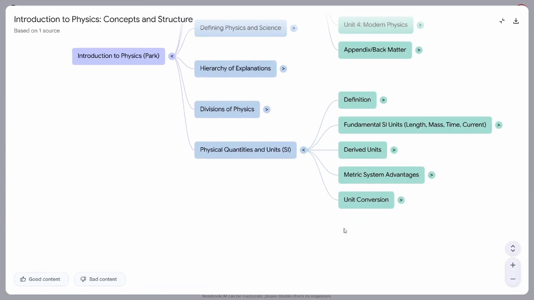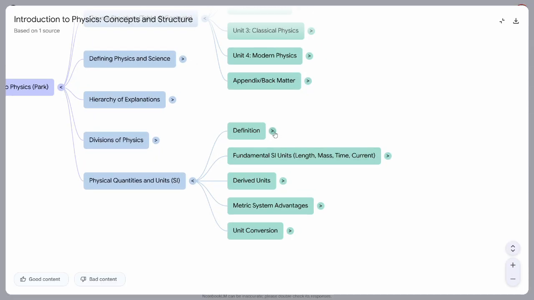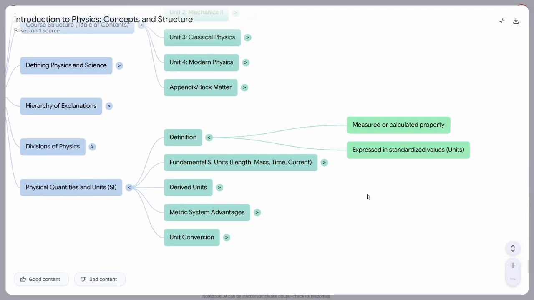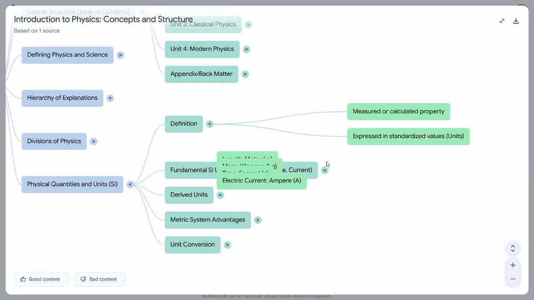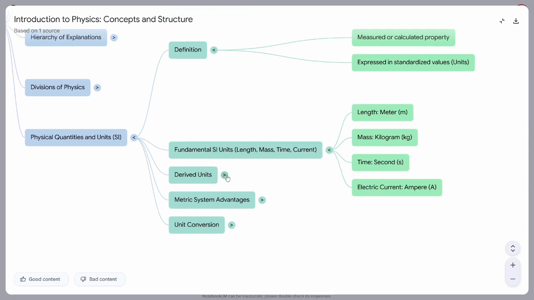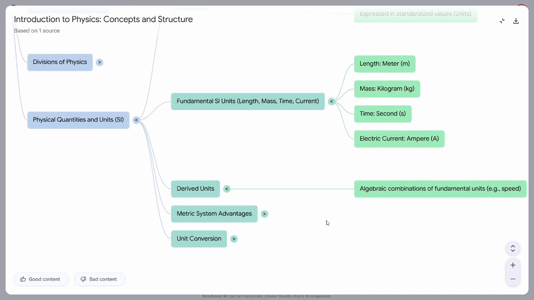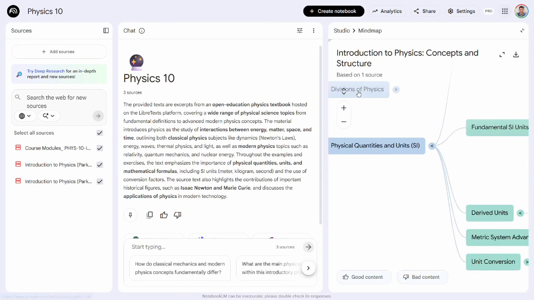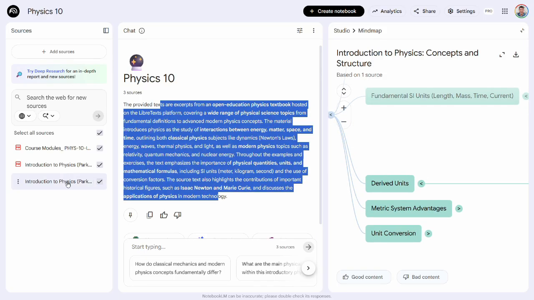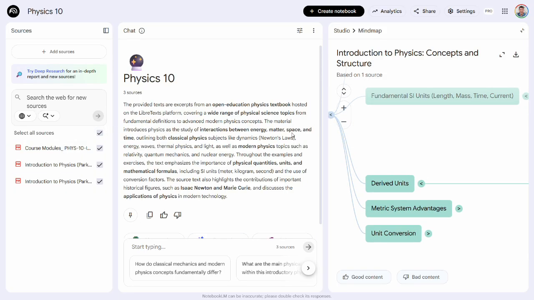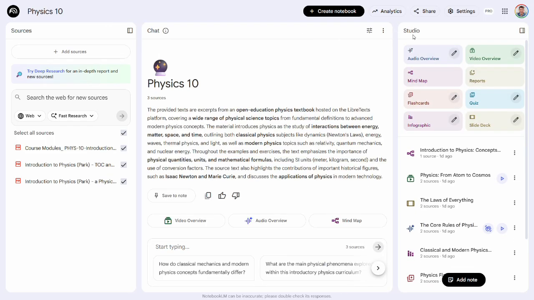One thing that I am hoping to do is share this link with the whole class. I think a guest who has access to that link has access to the chat and the sources. You can chat about the sources here. I don't think you have the capability to generate new assets in Studio.